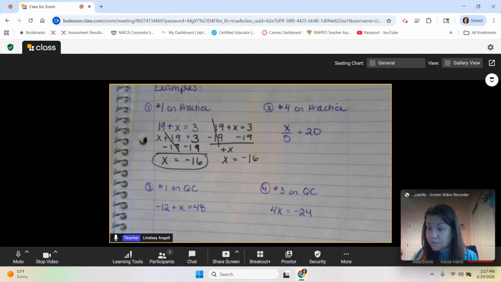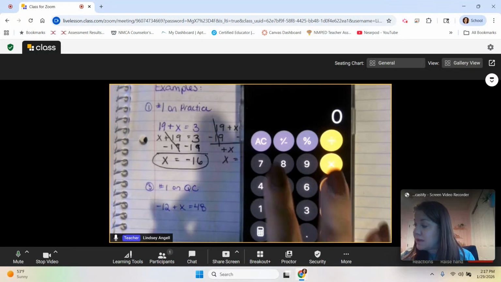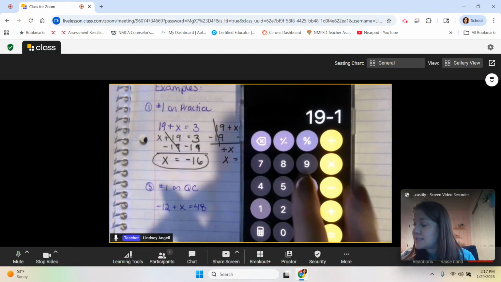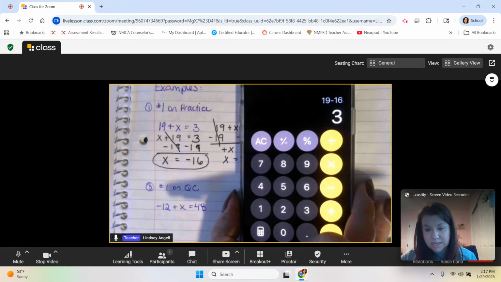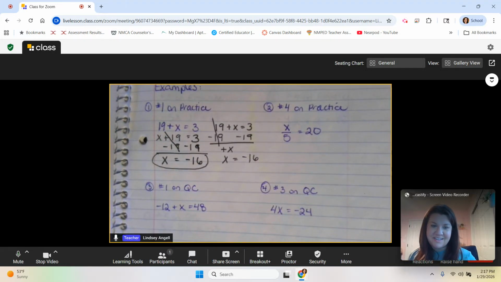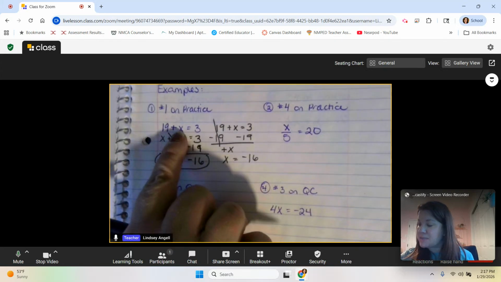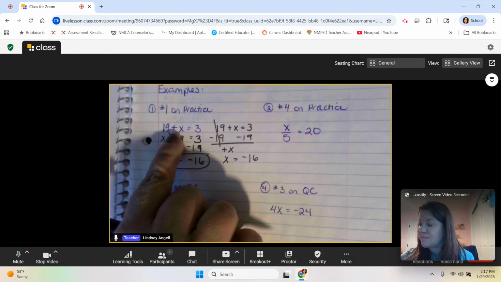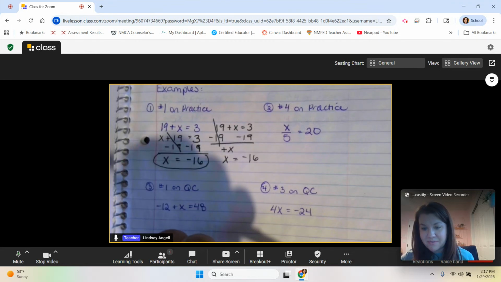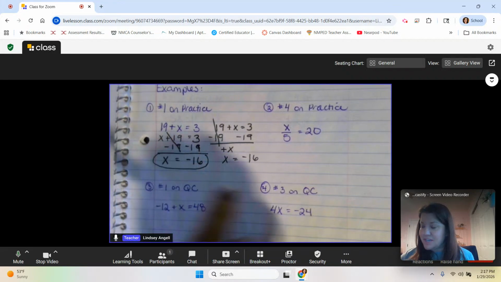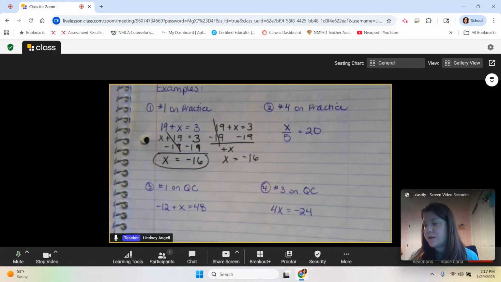That's always a good plan. Is 19 minus 16 equal to 3? It is, so we know that we're correct. I did that by just plugging that negative 16 right back in here.